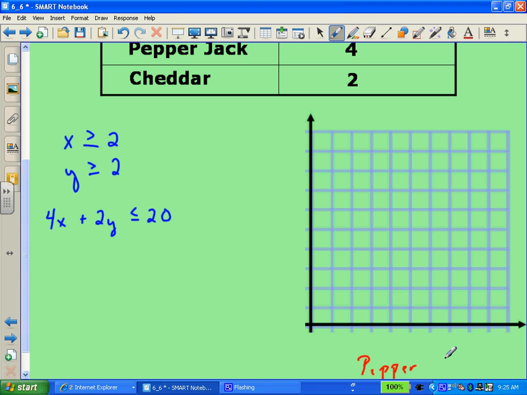Remember, this is pepper jack. And this is cheddar. We'll just count by 1, so x greater than or equal to 2, that's a vertical line at 2. Just numbering my graph here.